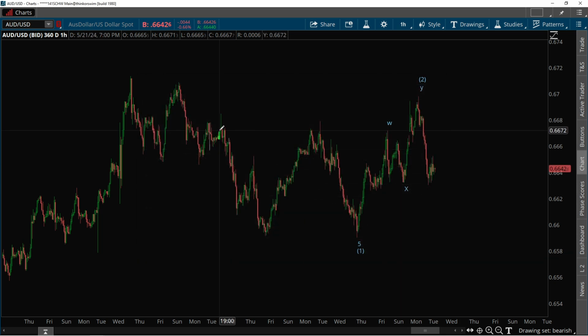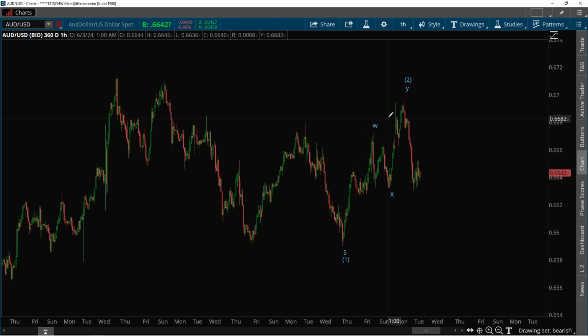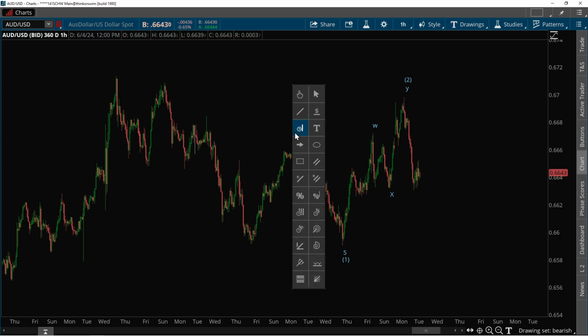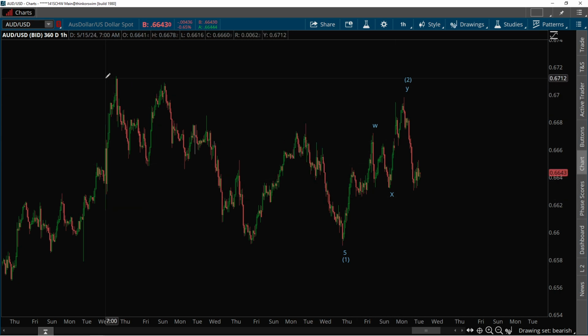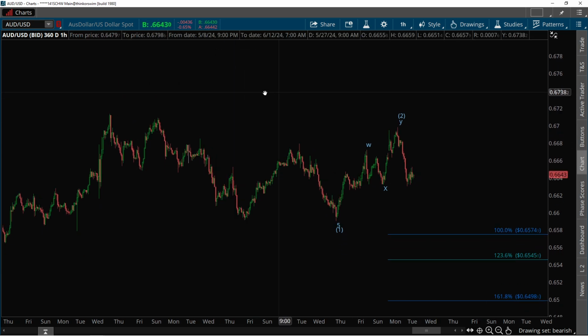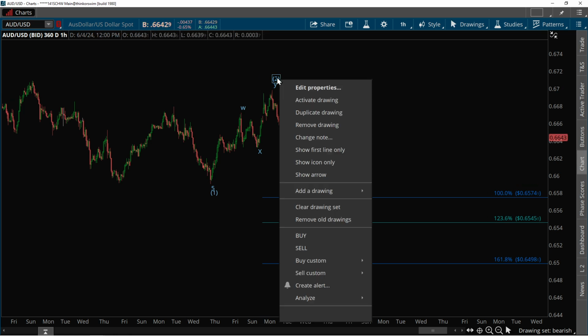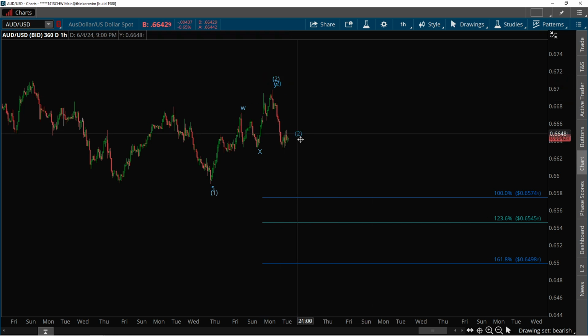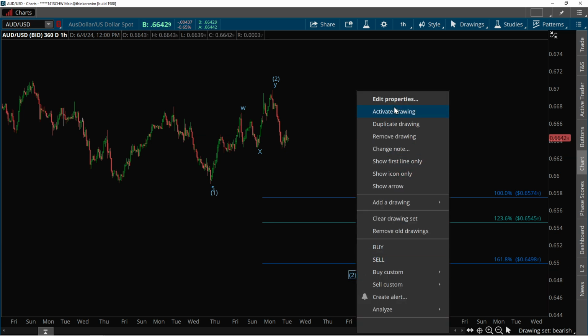So you have a 1, you have a 2, and we are getting ready for an impulsive wave down to the 1618 or the 2618, all right? To kick off that weekly impulse down that we're looking for, all right? So is this a 1? And we're getting ready for a 3 down to the 1618.